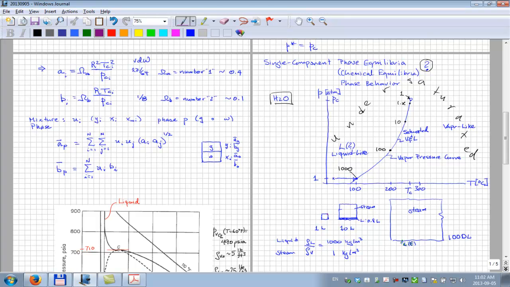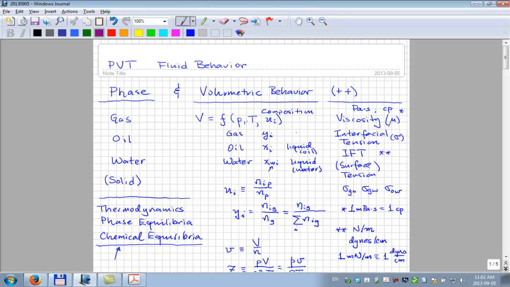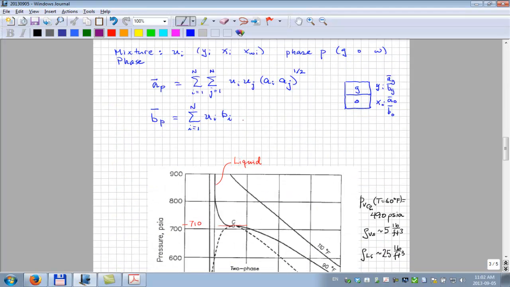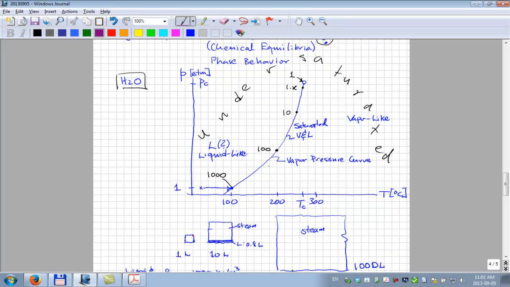Now, because the equation of state is not perfect, what you'll find is that if this blue is the actual behavior for a component, the equation of state, as originally given by van der Waals, for example, might do something like this.